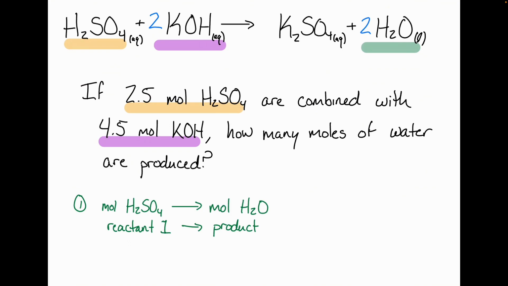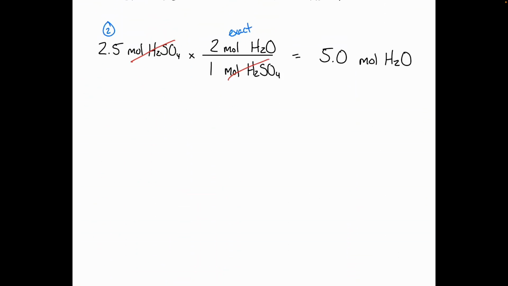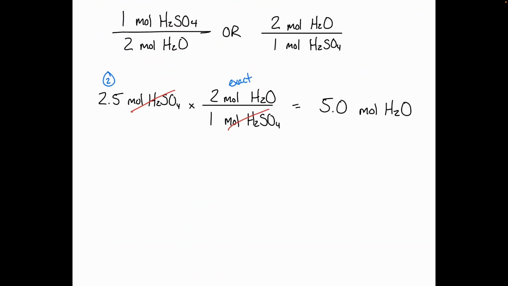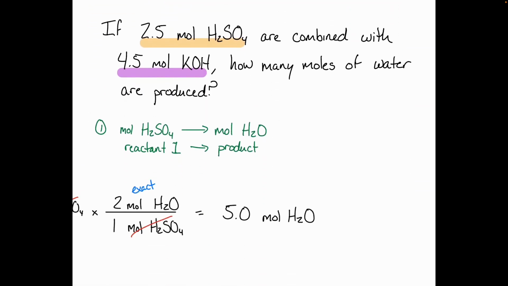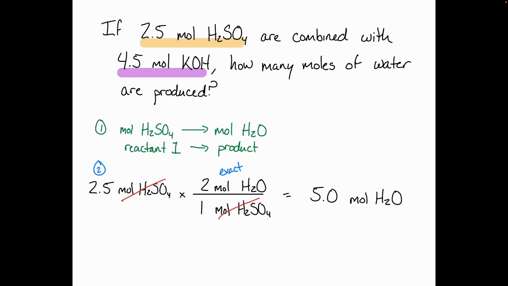For the sake of convenience, I kept the number the exact same as in our previous problem. So we've already done this particular calculation, right? This was converting that 2.5 moles of sulfuric acid into moles of water. So that's how much water I could get if all of my sulfuric acid is consumed in this reaction. But again, I don't know how much is. I have to figure out which one of my reactants is limiting.